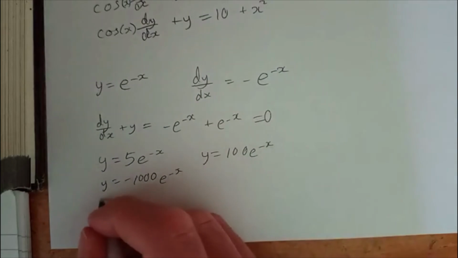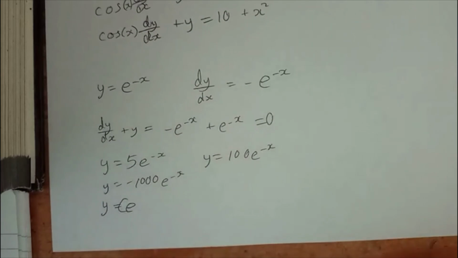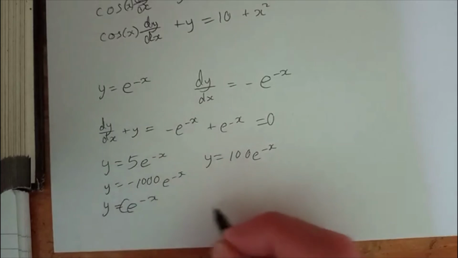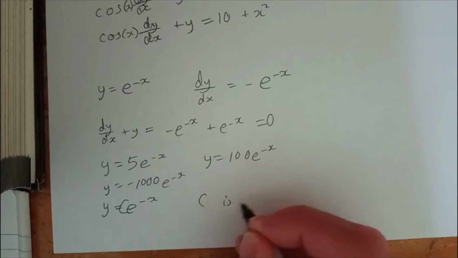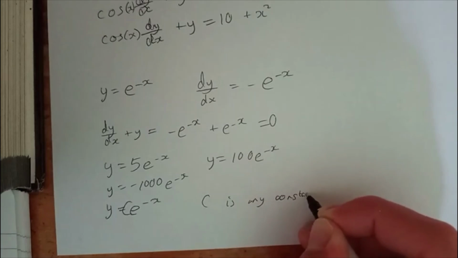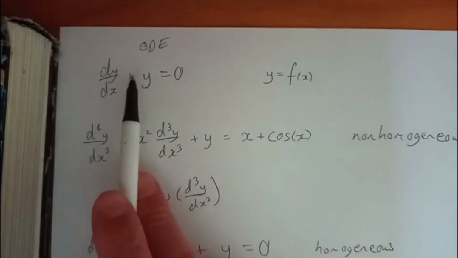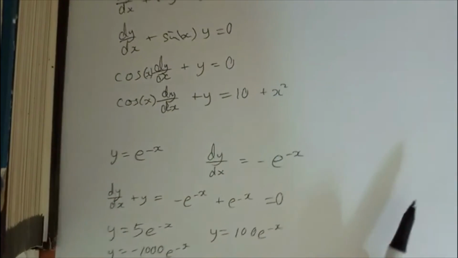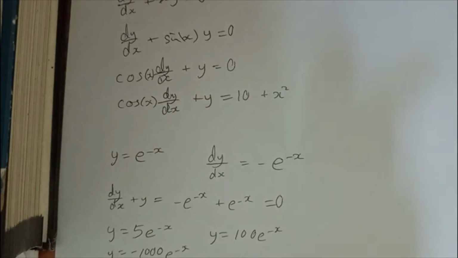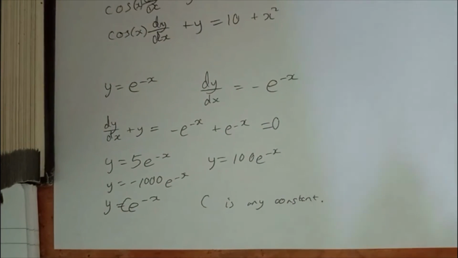Any constant multiple, so the general form of the solution would be y equals c times e to the negative x, where c is any constant. And that will always solve this differential equation. In future videos, I'll talk more about how to solve differential equations.